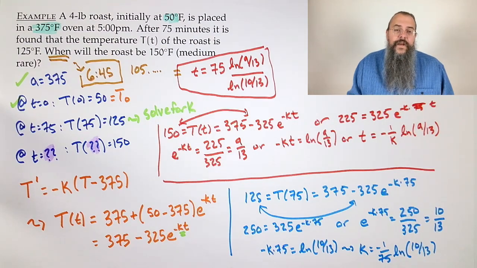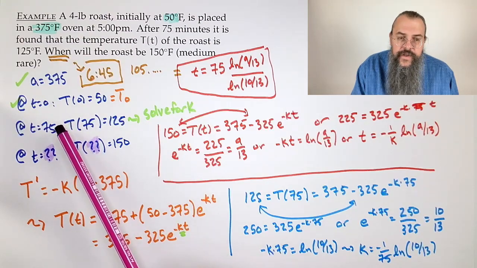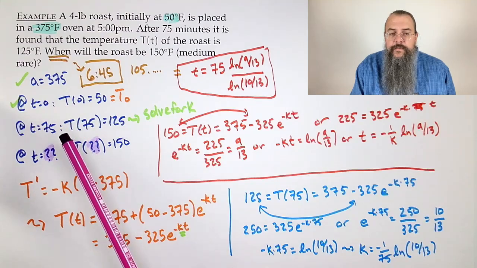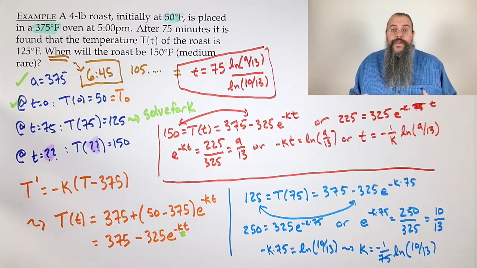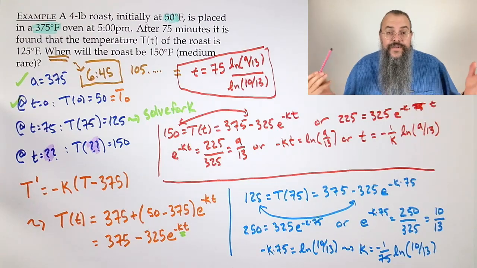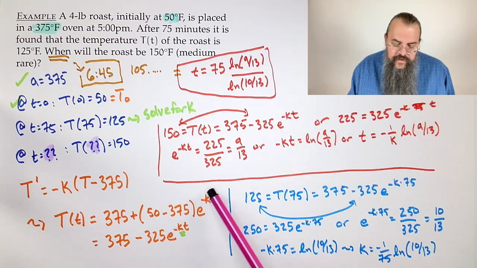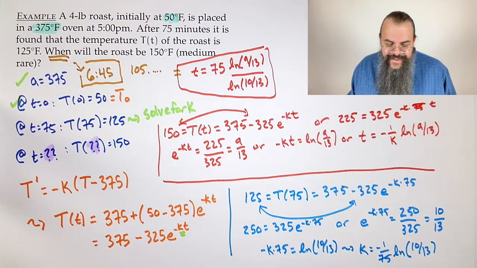They say, okay, I'll give you 2 pieces of information: what's happening at some time and what's happening at some later time. It might be minutes. If it's radioactive decay, it might be thousands of years, just depends. And the reason they're giving you a second time measurement is to solve for k, because we always have that sort of fudge factor in there. So that's why you'll have that.